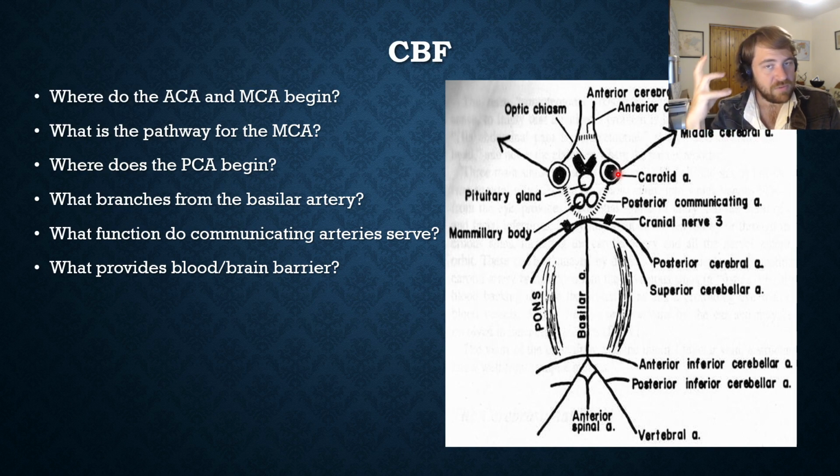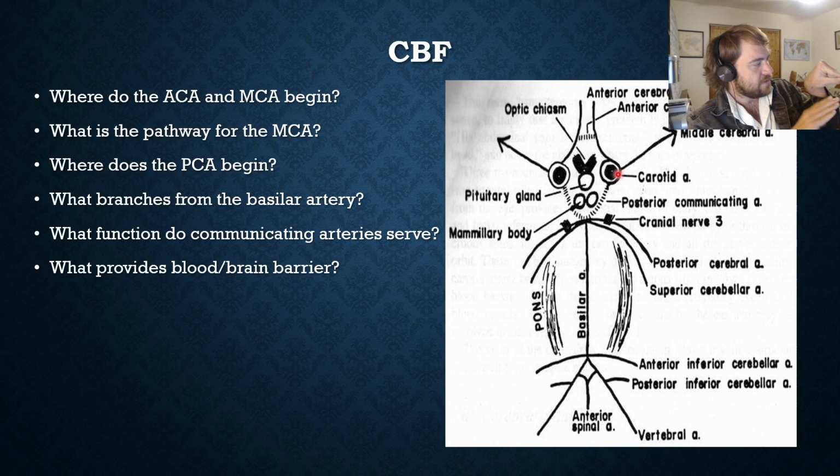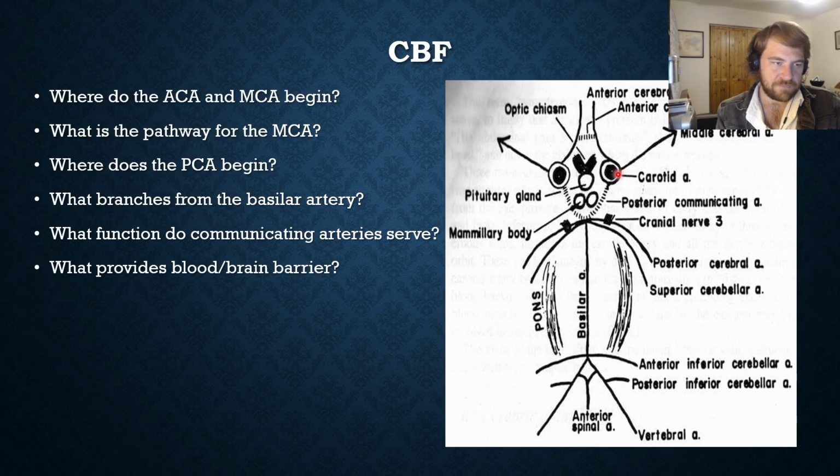If you imagine this as the temporal lobe and this as the parietal lobe, then you get the MCA coming out between those, and it'll branch up and it'll branch down, and it'll serve the temporal lobe and the parietal lobe in those areas. Other parts as well, but that's the main pathway that you need to know for that question.